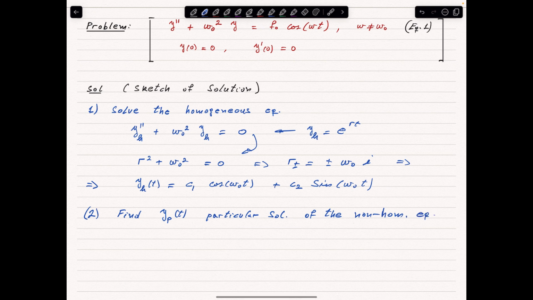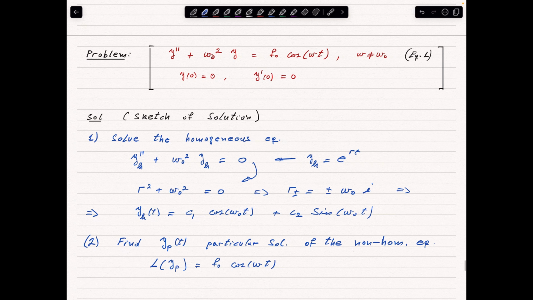Let's write it as L of yp equals the force, which is the external force F0 cosine of the driving frequency times t, using the usual notation where the whole left hand side is what we call L of y.